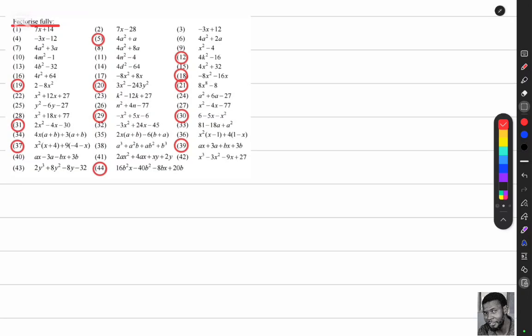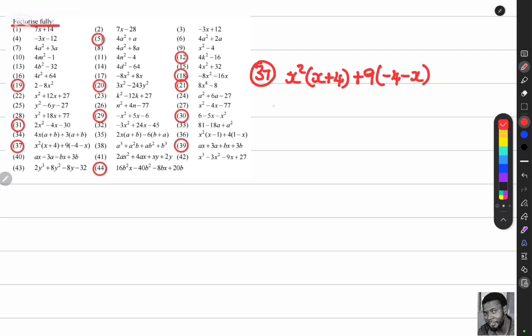Let's look at number 37. We've got x squared into x plus 4 plus 9 into minus 4 minus x.